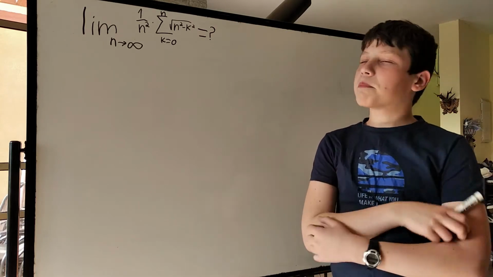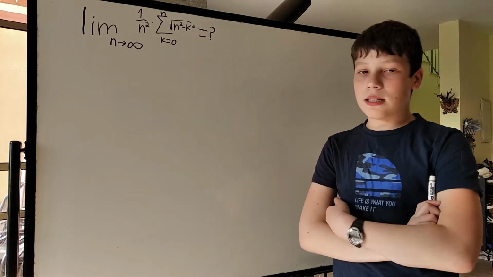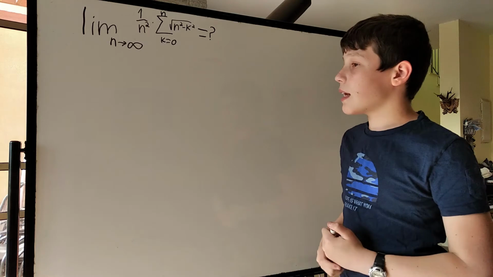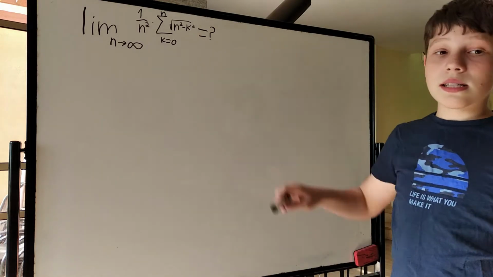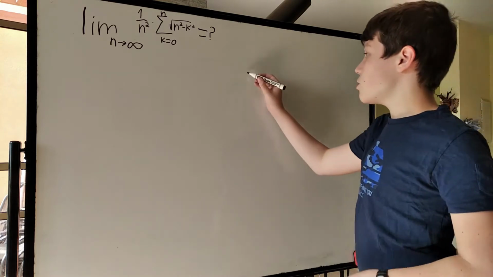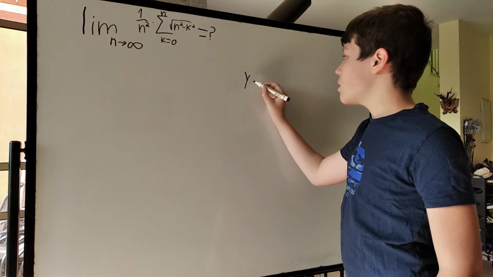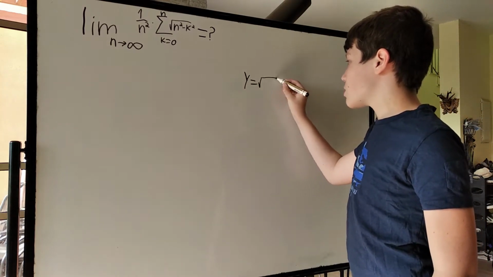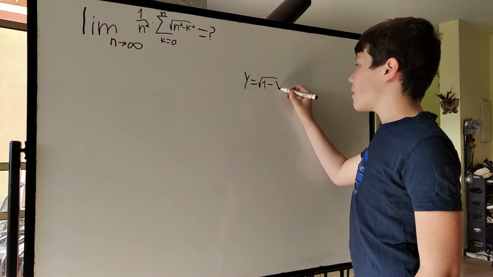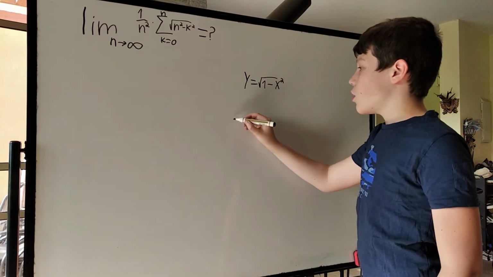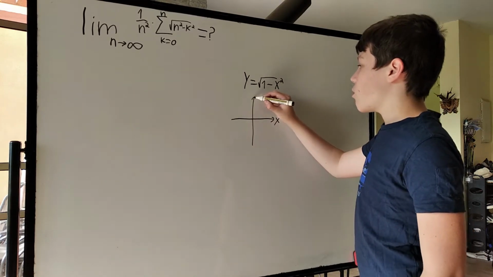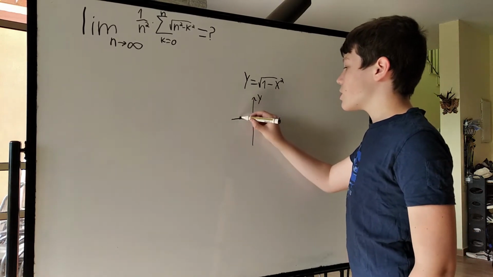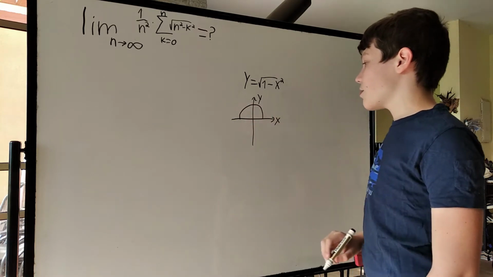So, at first, the first thing that I thought about when approaching this problem is that this looks a little bit familiar to this function y is equal to the square root of 1 minus x squared, which when plotted on the xy graph just looks like the top of the unit circle.